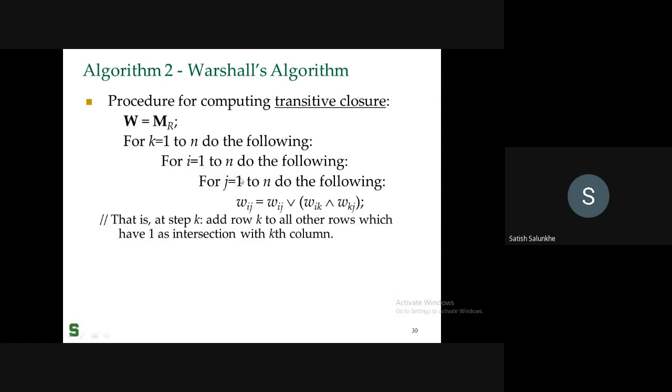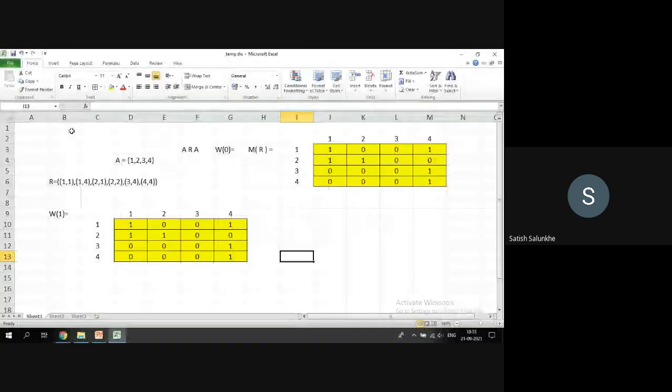For every column, 1 to n. So W11, W12, W13, W14, this is what we are going to compute in this iteration. So W11, that is equal to what? The previous W11 or Wik and Wkj. I will write this for your understanding of what exactly we are doing in each iteration.